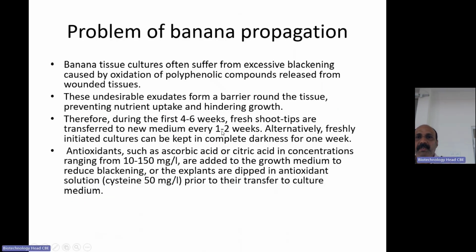So the problems in banana tissue culture propagation: first, excessive blackening or browning of the media caused by oxidation of the phenolic compounds. This forms a barrier around the tissue and prevents nutrient uptake and also hinders growth. So during the first 4 to 6 weeks, fresh shoot tips are transferred to a new medium every 1 to 2 weeks, and alternatively the cultures can also be kept in complete darkness for 1 week.